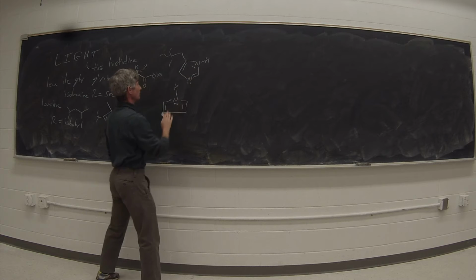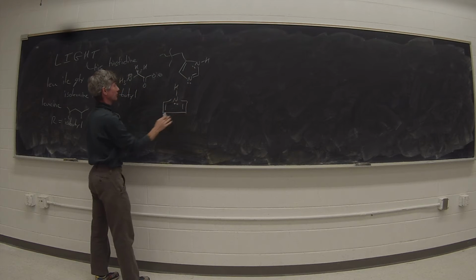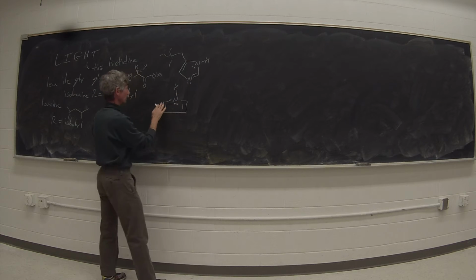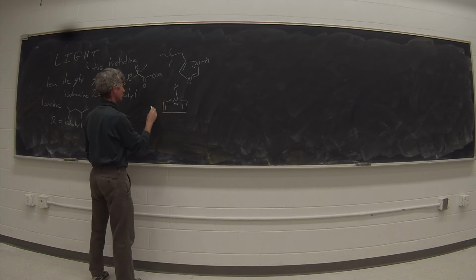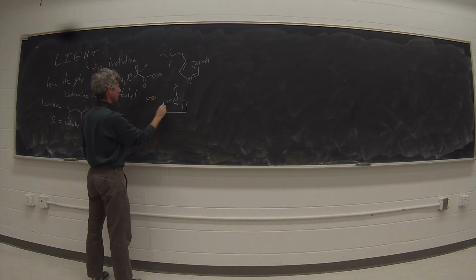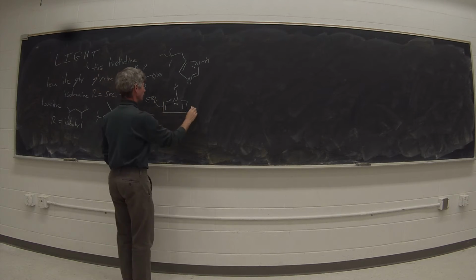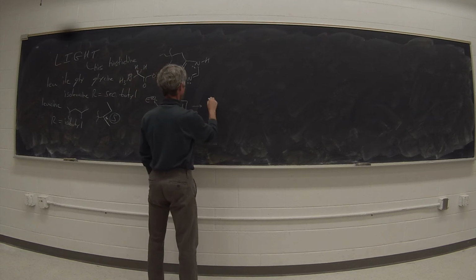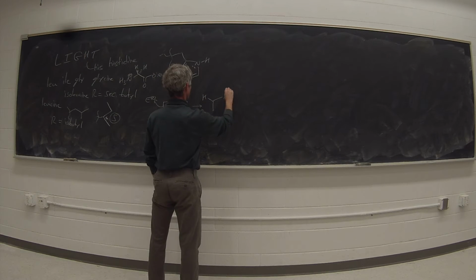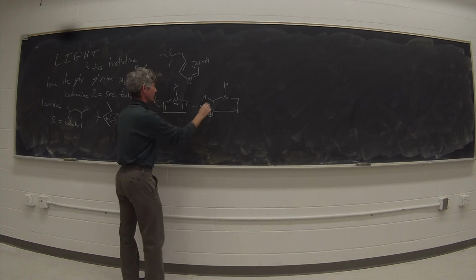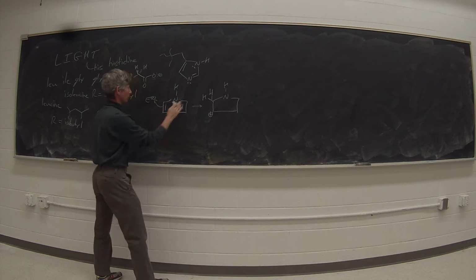Pyrrole looks a lot like imidazole, except imidazole now has a second nitrogen, and pyrrole undergoes electrophilic aromatic substitution reactions preferentially here at C2, so that there can be more resonance structures possible for the intermediate.